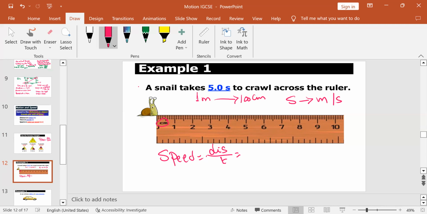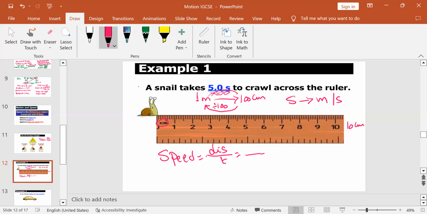So if the quantity is given to you in centimeters and you want to convert it to meters, you're going to divide by 100. If you're given meters and you want to convert to centimeters, you're going to multiply by 100. Here you're given the length as 10 centimeters.